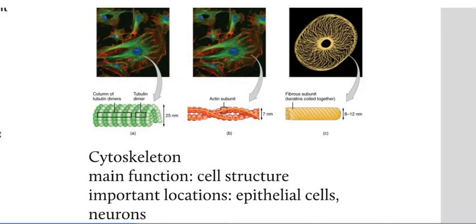The smallest of those is the microfilament, which is made up of a protein called actin. The largest is the microtubule, made up of a protein called tubulin.